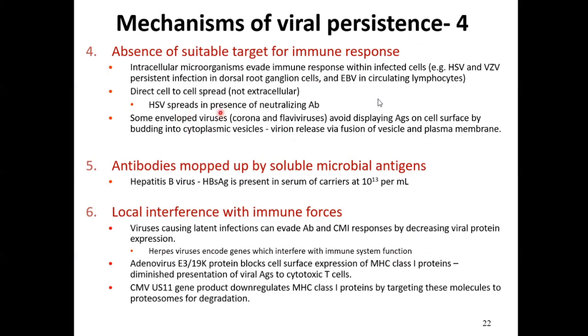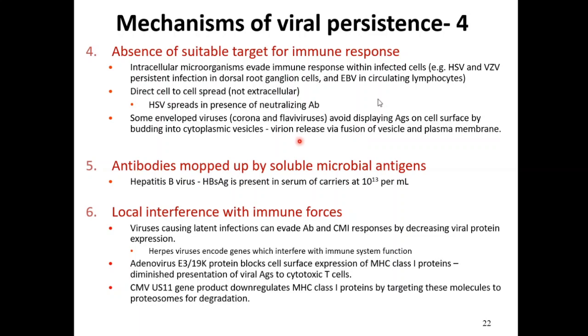This is an example of herpes simplex viruses, which prevent neutralization by antibody by just infecting the neighbor cells. And some enveloped viruses like corona and flaviviruses avoid displaying antigen on the cell surface by budding into cytoplasmic vesicles.